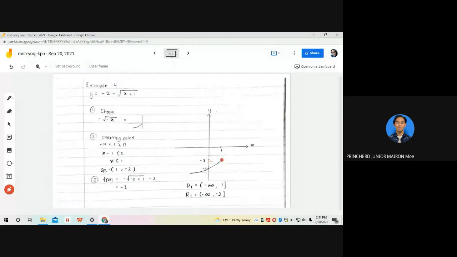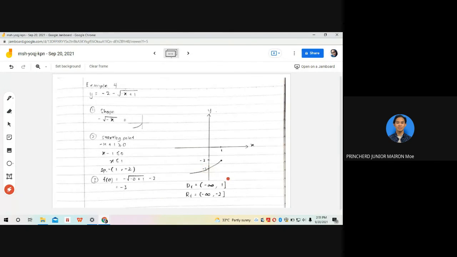And when I sketch the graph, the square root graph has a y-intercept. To get the y-intercept, I simply substitute 0 in the function. So when I substitute 0, I get negative 3, and that is my y-intercept.